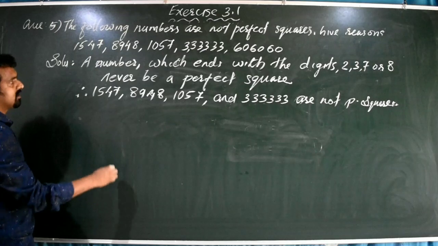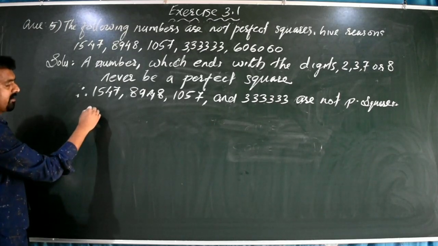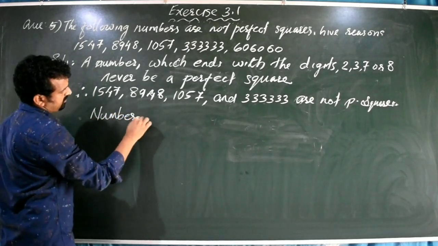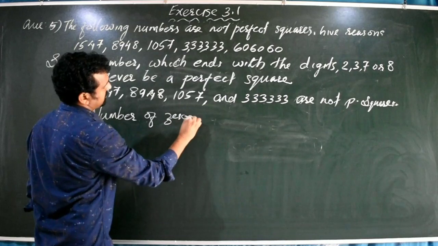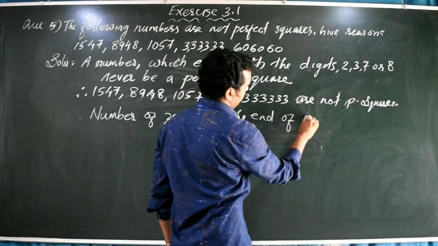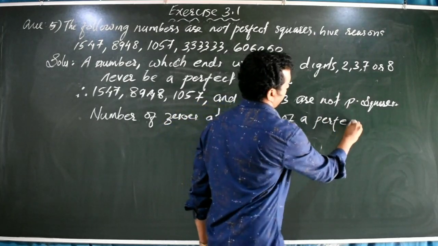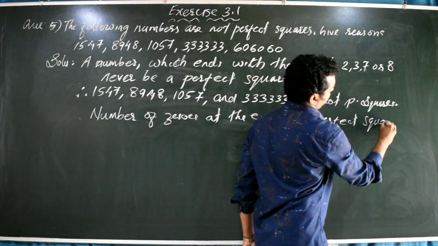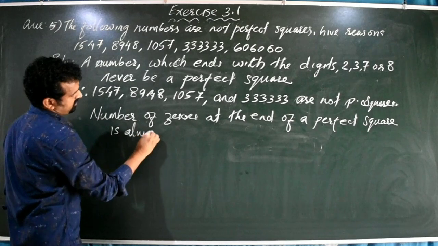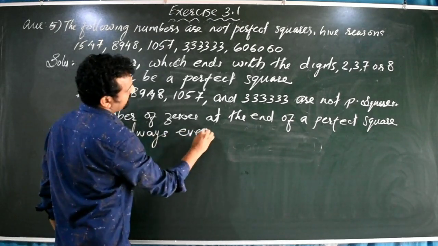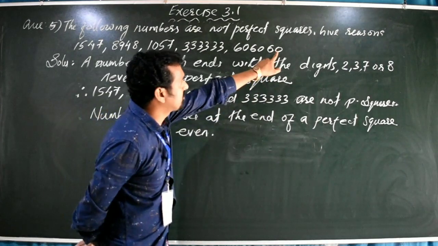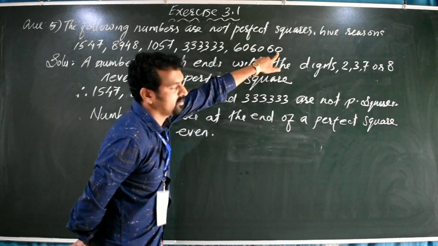What is the reason? There also we have studied a property. The number of zeros at the end of a perfect square is always even.